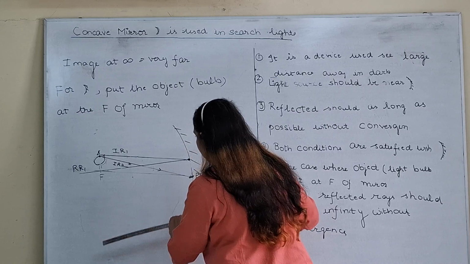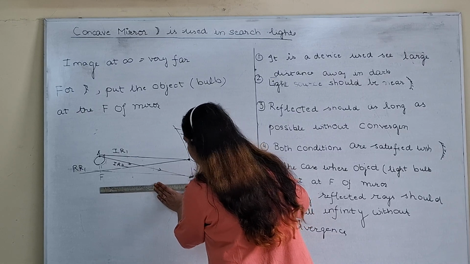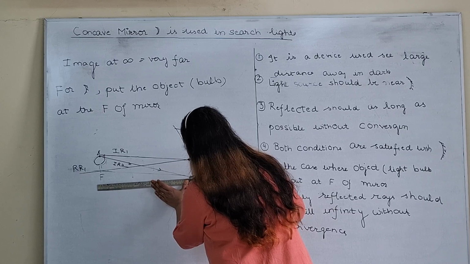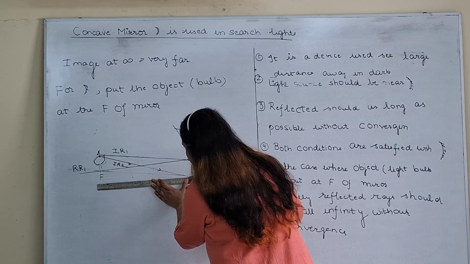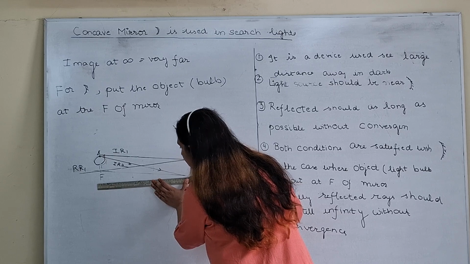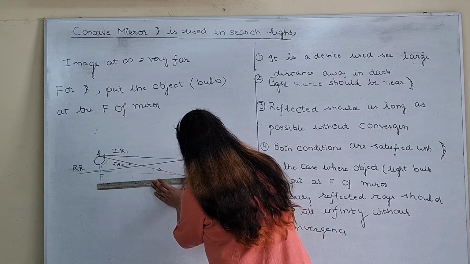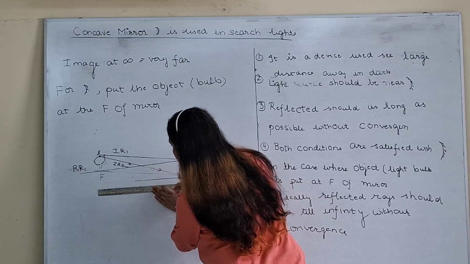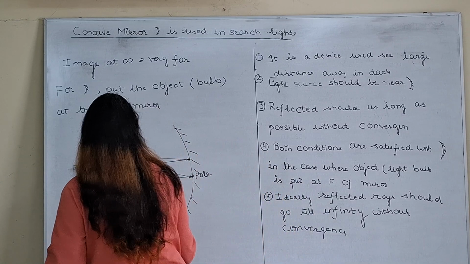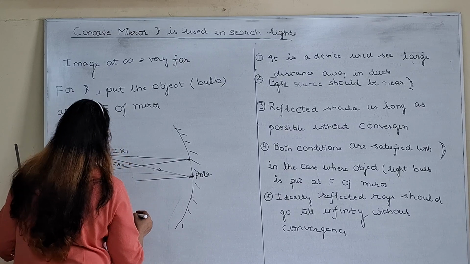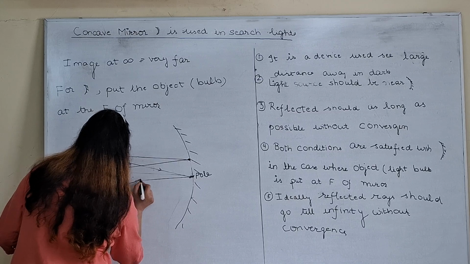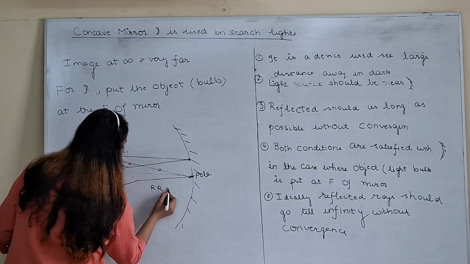So whatever this angle is, small angle, it will get reflected in the same angle. This is reflected ray 2.